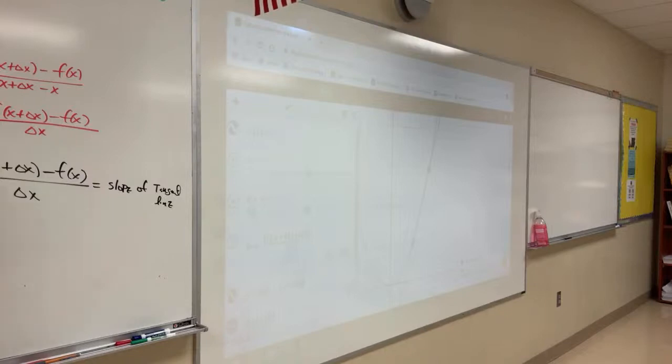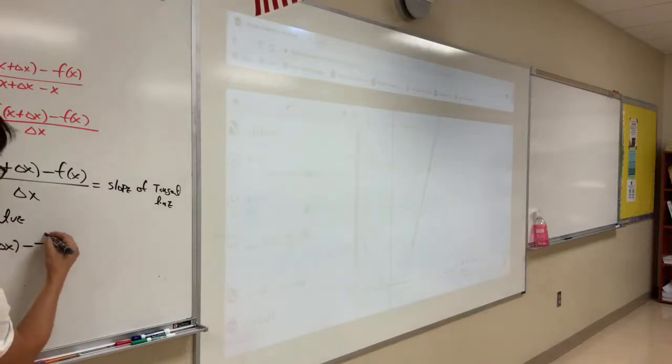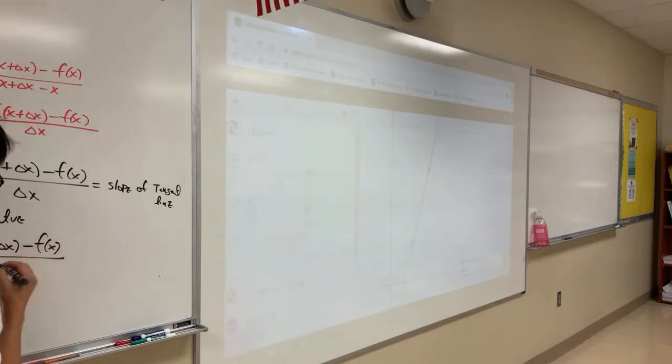And therefore the definition of derivative is f prime of x is equal to the limit as delta x approaches 0 of f of x plus delta x minus f of x over delta x.